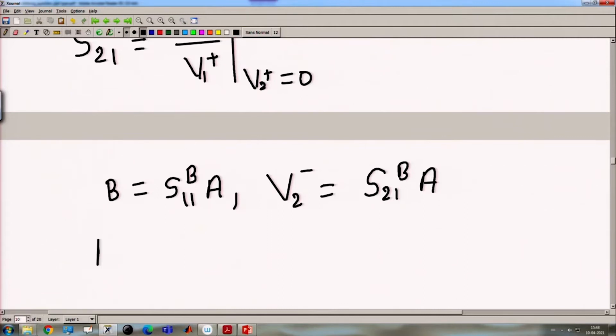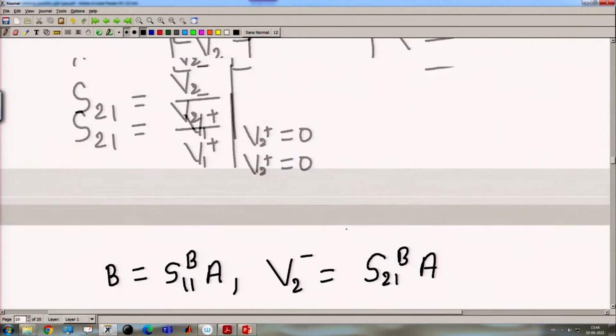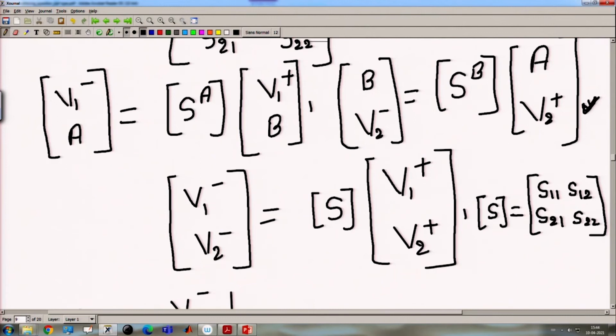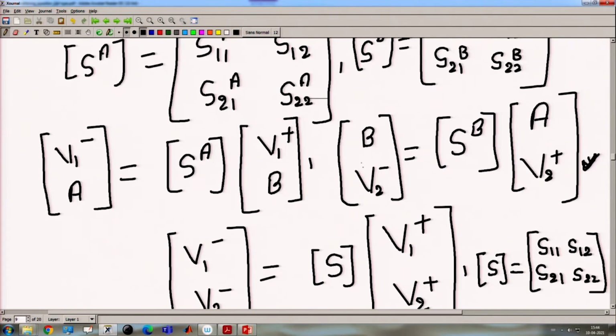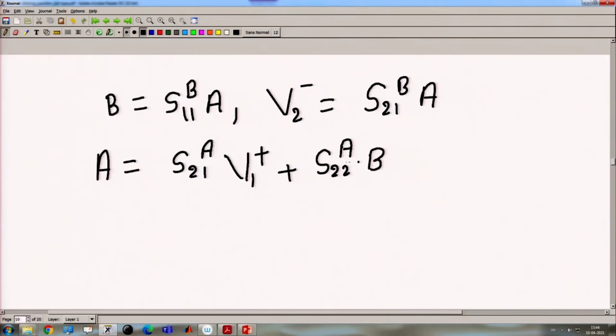A will be equal to S21A into V1 plus plus S22A into B, coming from the first network equation.